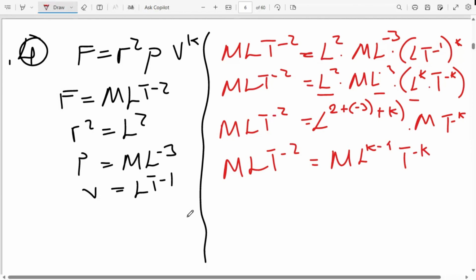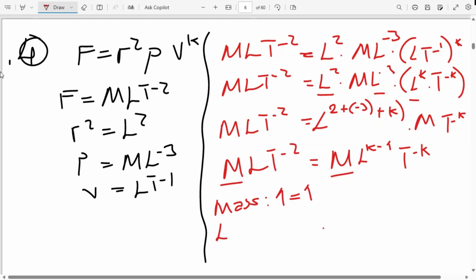Then from here, we can compare the powers of the similar dimensions that we have on the left-hand side and the right-hand side. For example, mass on the left-hand side, we also have mass on the right-hand side. For mass, the power on the right-hand side, 1, is equal to the power on the left-hand side, which is also 1.